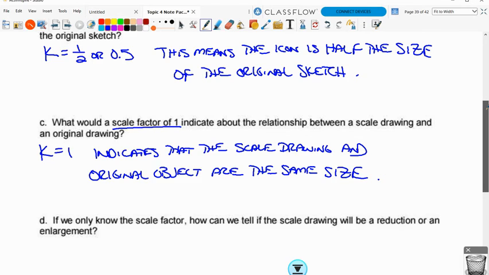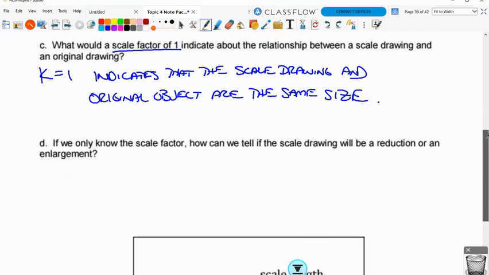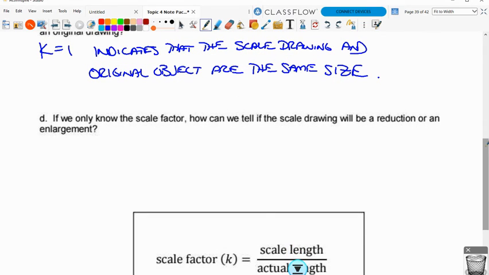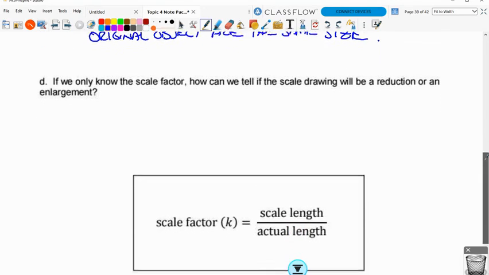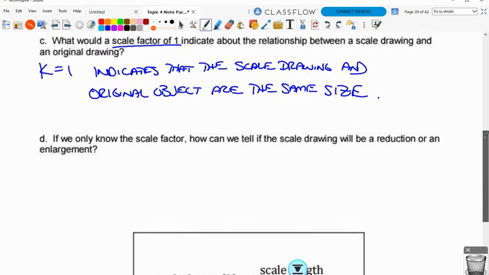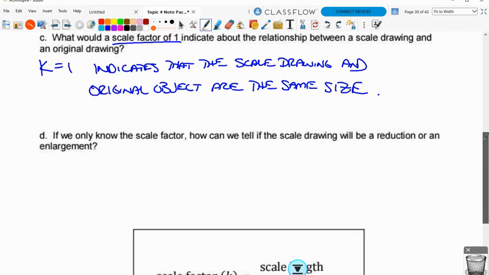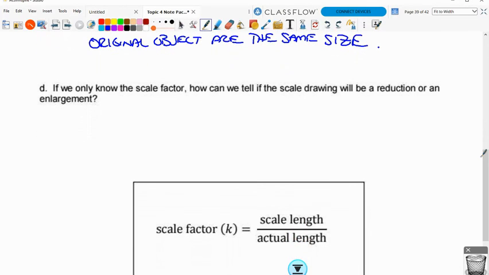So we're starting to get an idea about the scale factor. Question D says, if we only know the scale factor, how can we tell if the scale drawing is a reduction or an enlargement? Well, we just said in letter C that if k equals 1, they are the same size.